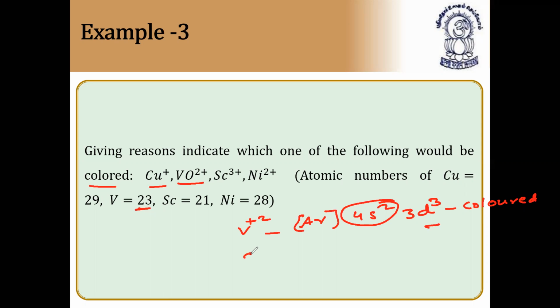Next we have scandium plus 3. It has argon configuration only, because all 3 electrons are removed from scandium, whose atomic number is 21. So it is colorless.